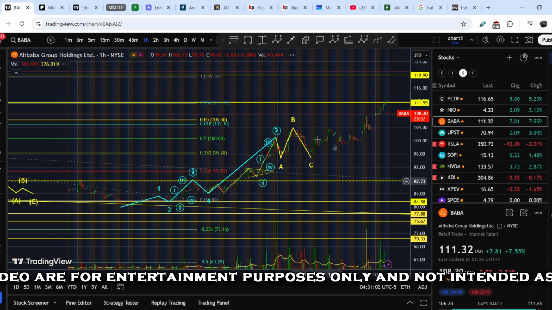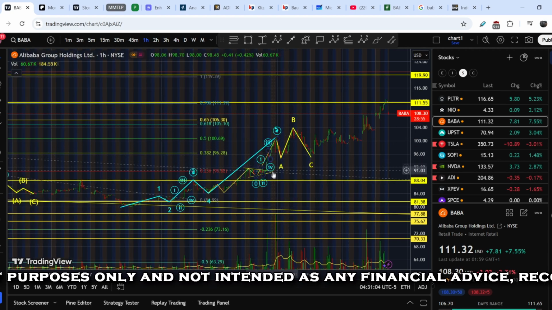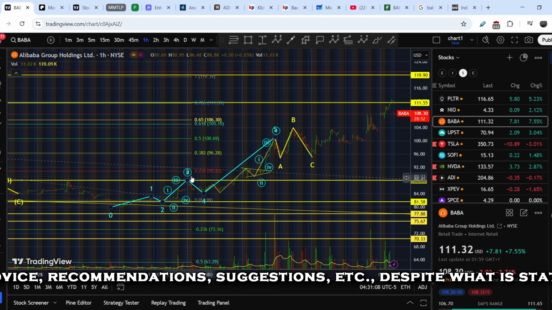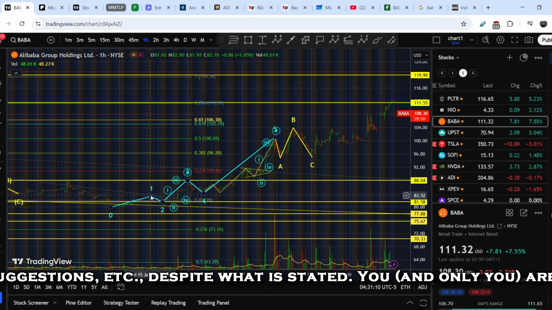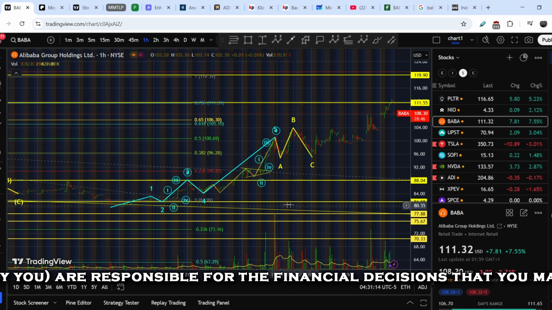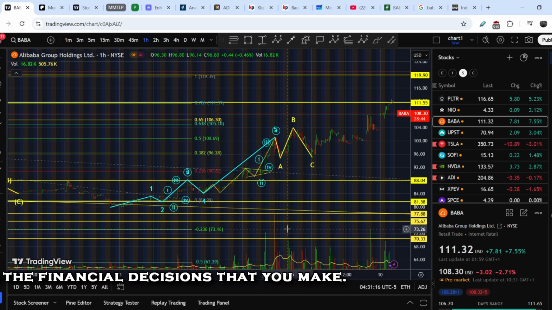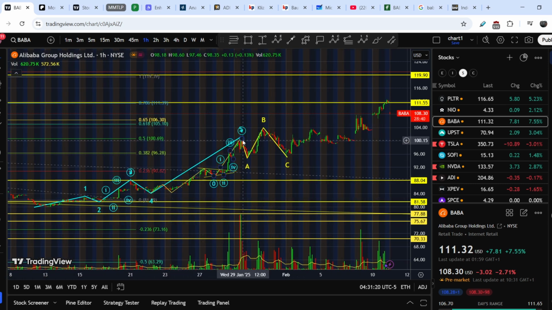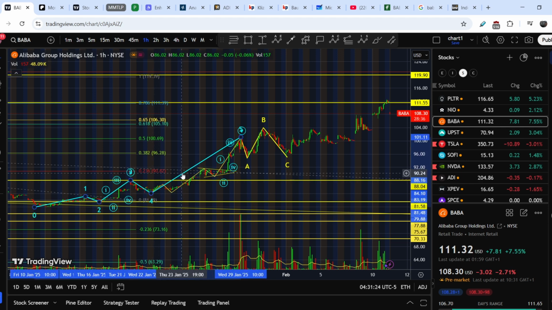I have to admit that I want to redo this analysis, because previously I thought this was our first wave, second, third, fourth, and an extension in the fifth wave. But with this quite substantial volume, I have to redo my analysis, and the internal wave right here is the real wave. From this bottom, in my opinion, it is the third wave.